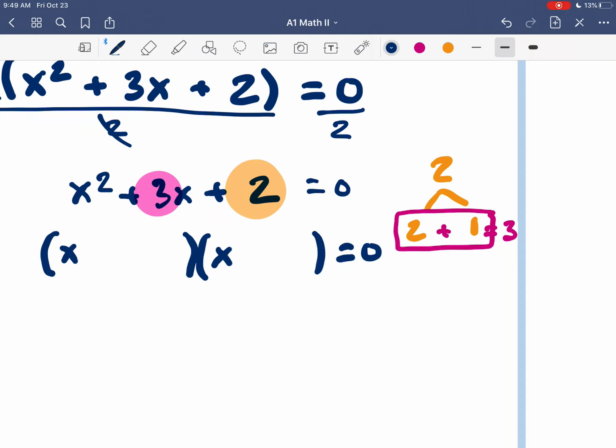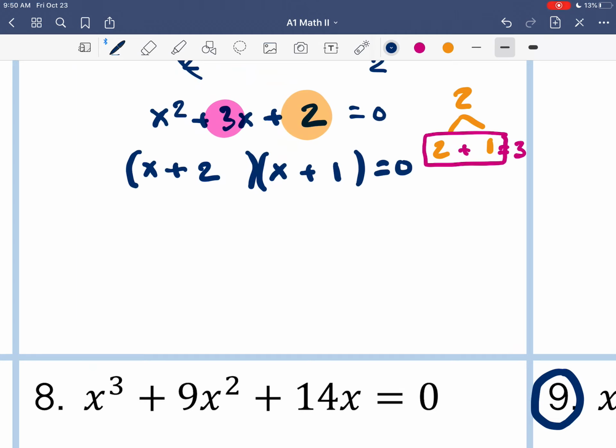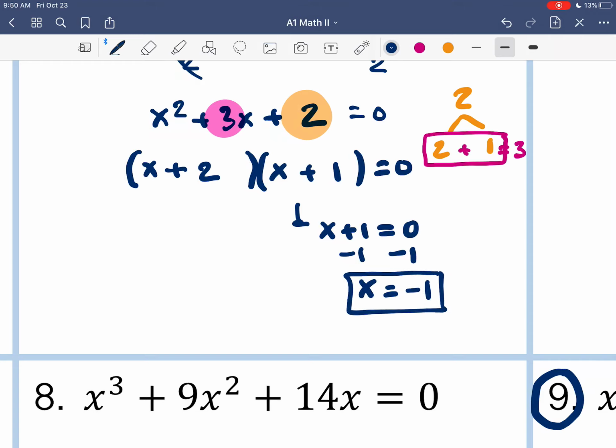We have x's in front, and then this is a positive 2 and a positive 1. And so when we solve that, we end up with x equals -1, as you might have predicted if you've been seeing this pattern, and -2.